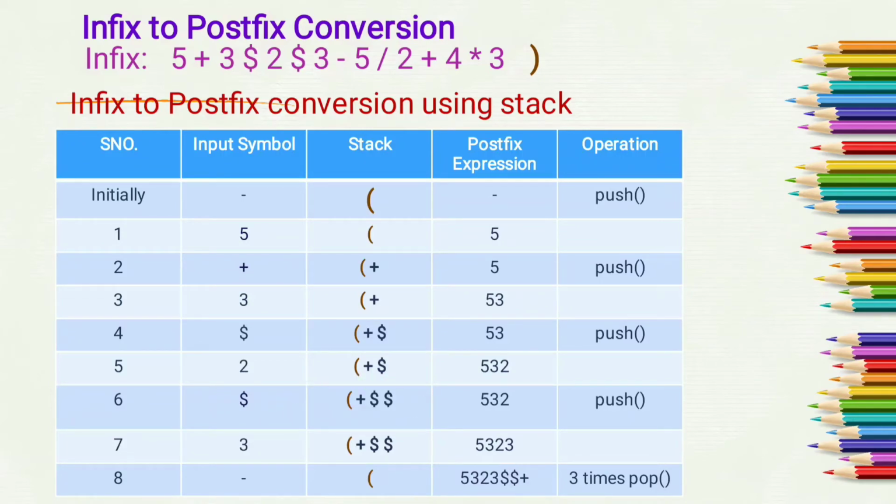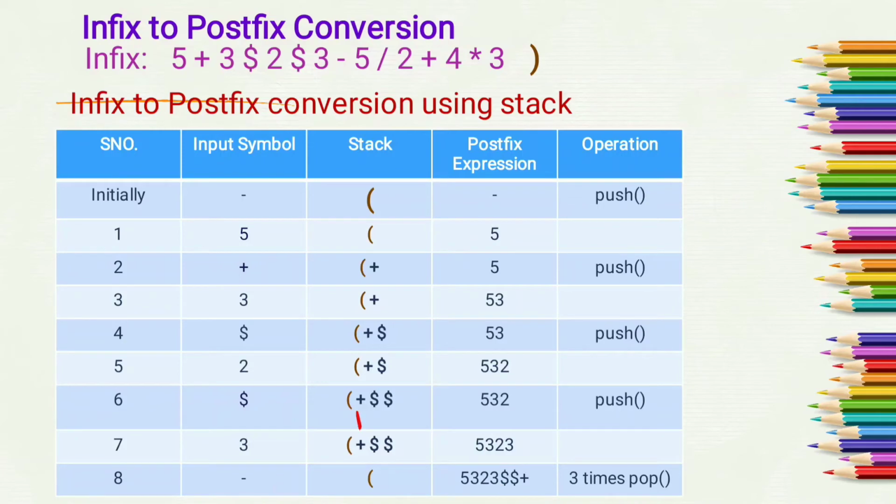Now the next symbol is 3, which is an operand. We add it into the postfix expression. Next is minus. As minus has lower precedence than power, first we have to pop this dollar and add it into the postfix expression, and then pop this dollar and push it into the postfix expression.